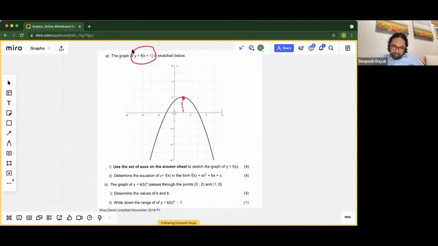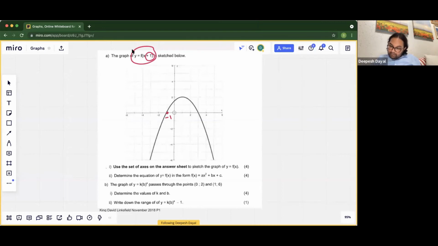You know what? The thing is, let me just show you as well. If it says here f(x plus 1), it actually means the graph shifted to the left. So this graph here, if it's f(x plus 1), it means the graph shifted to the left, see? That's why it's going to be minus 1 there. Remember, we always reverse the brackets when it's an x, right? So this means the original graph had shifted 1 unit to the left.